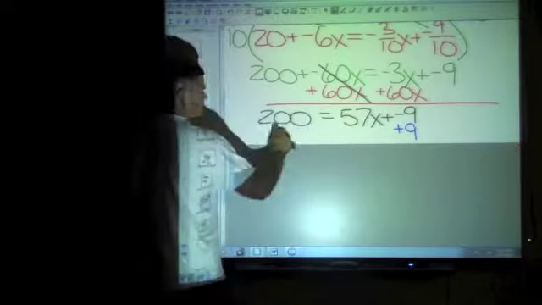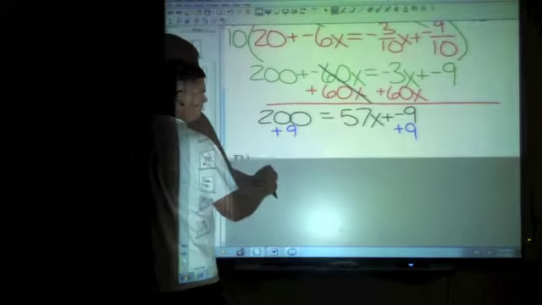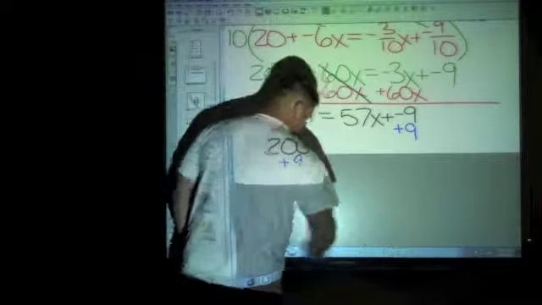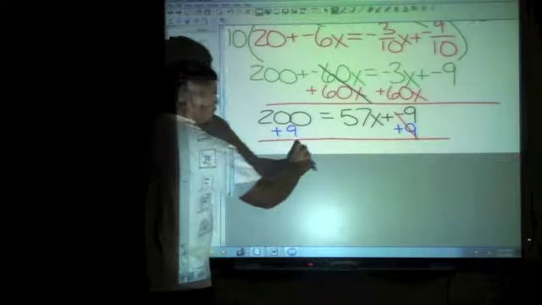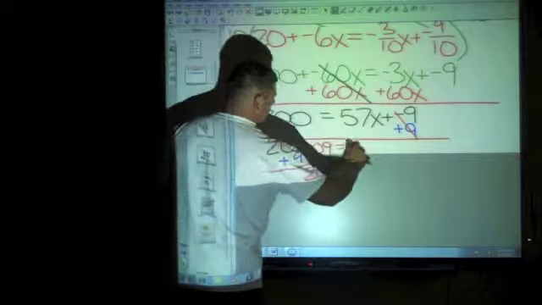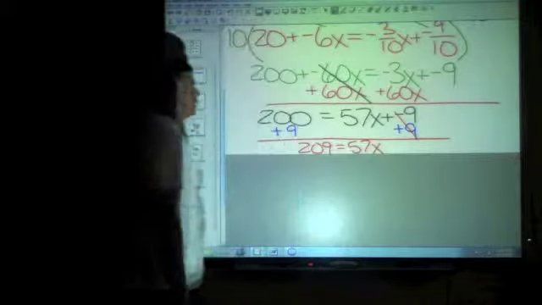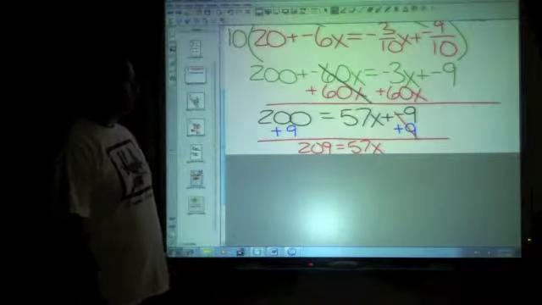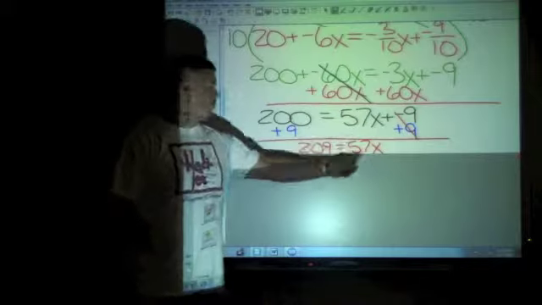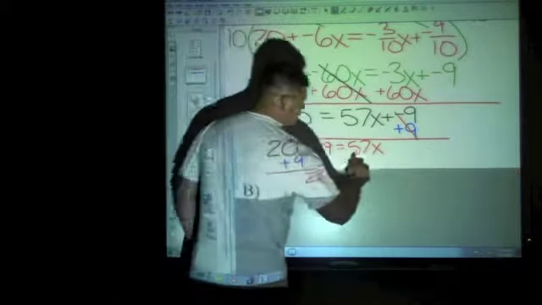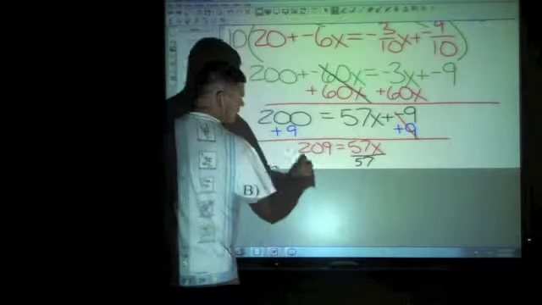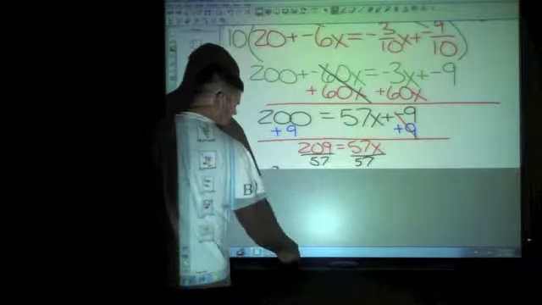This is all exactly the same as what we've been doing in the past. Those cancel out. 209 equals 57x. So I'm one step away from having this completely solved. I just need to divide both sides by 57, and I would have my answer. Divide by 57, divide by 57.